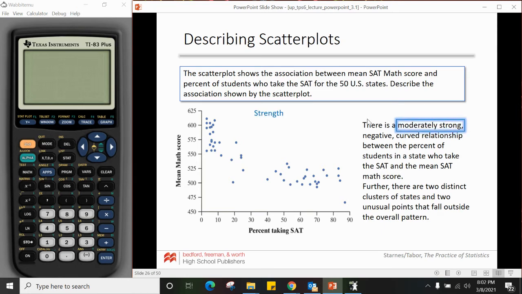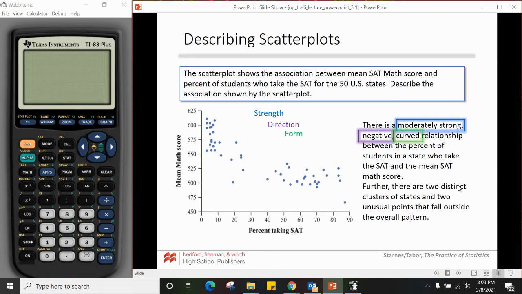First thing, the strength: moderately strong. So we got the strength in there. You'll always have either weak, moderately strong, strong, or you could say no relationship for strength. The direction tells us positive, negative, or none.